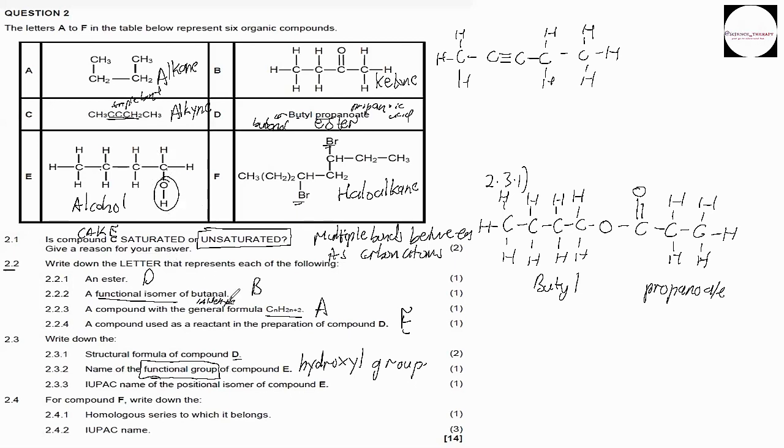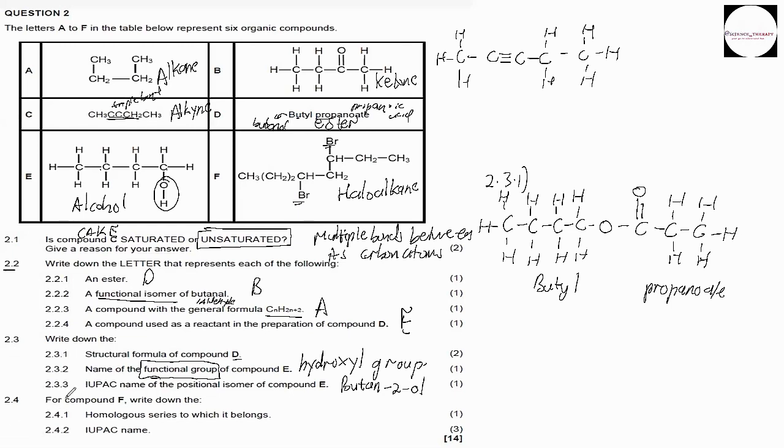And then now what will be the IUPAC name for that positional isomer? Since this one is butanol or butan-1-ol, then that means the positional isomer has to be butan-2-ol, right? So butan-2-ol. That will become the positional isomer of compound E, because now we have shifted the hydroxyl group to the second carbon.